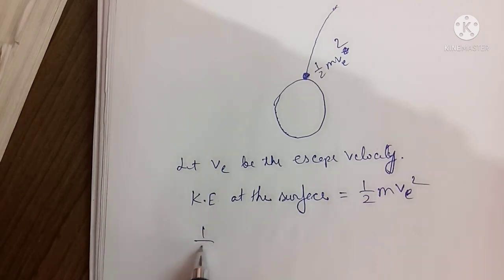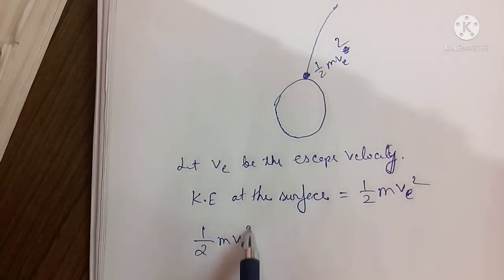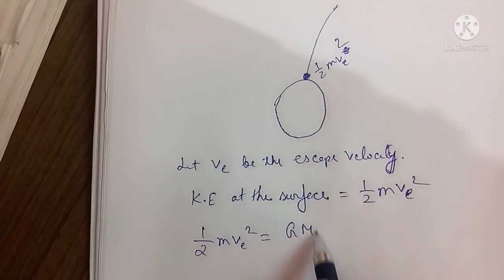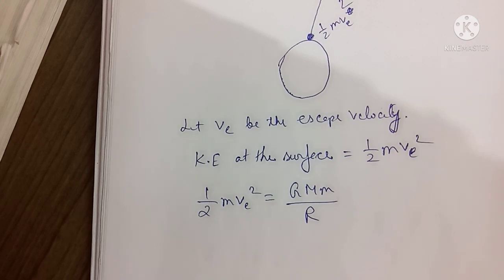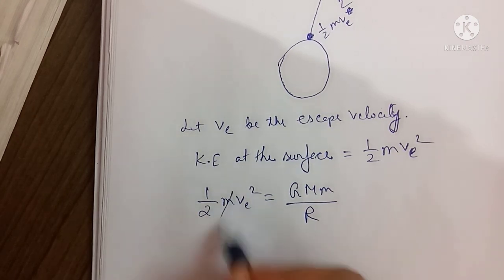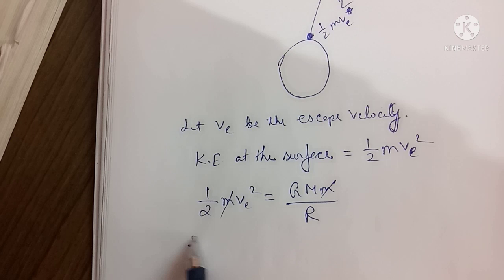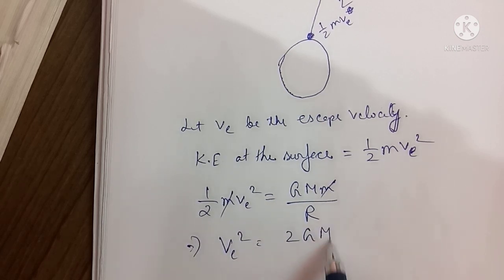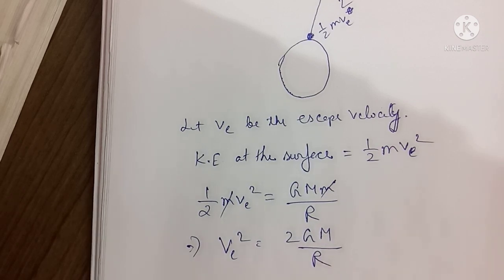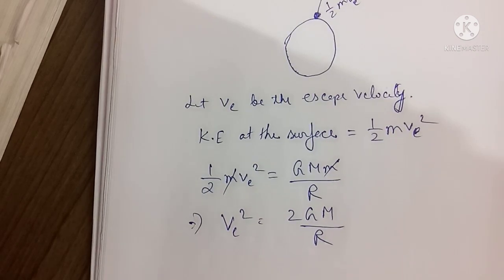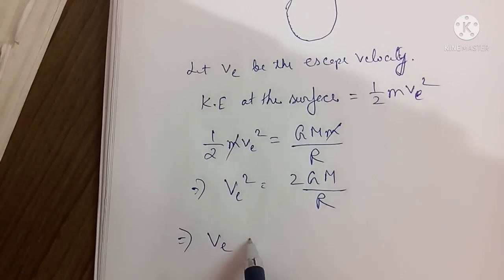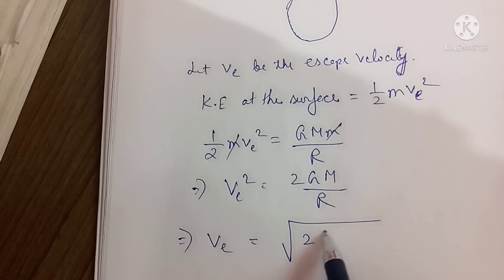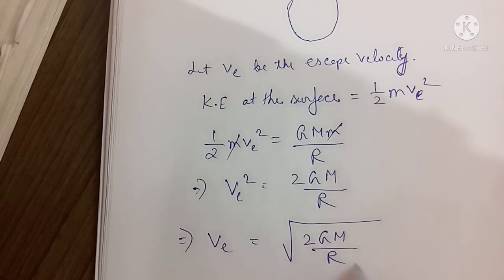So this we have to equate with GMm by r, the work done to take the object from surface to infinity. Now this m will get cancelled, and Ve square will be 2GM by r. This you can say is one of the expressions for square of escape velocity. So the escape velocity will be root 2GM by r.